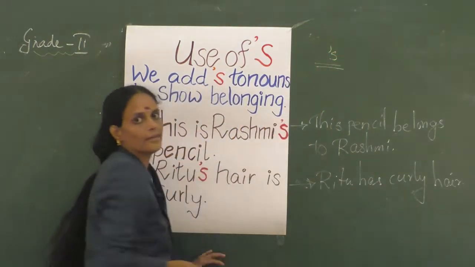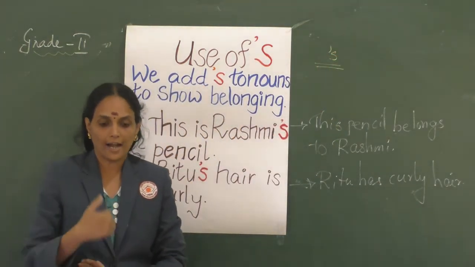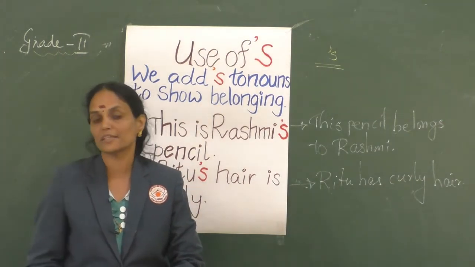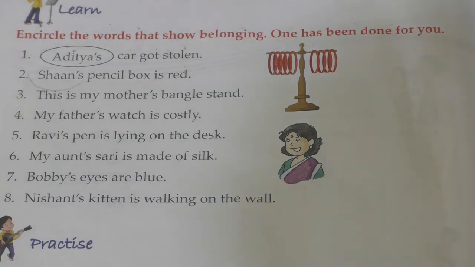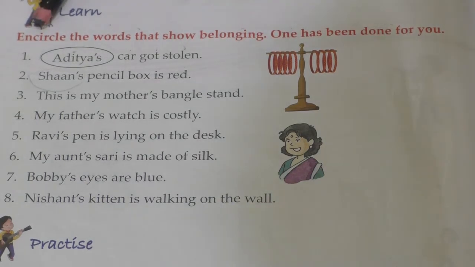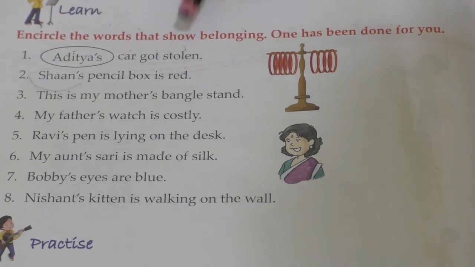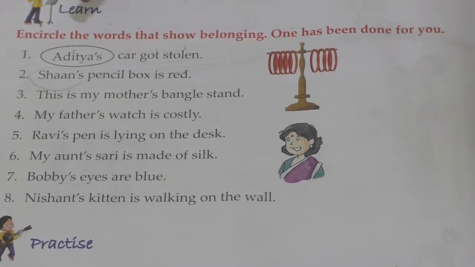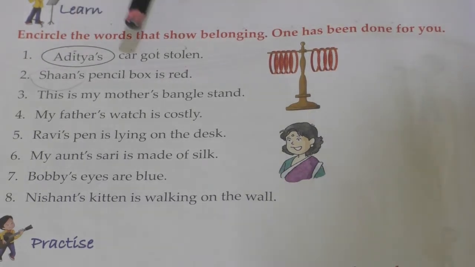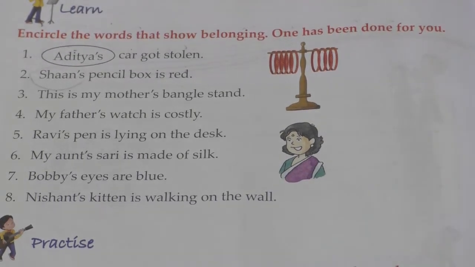Let's see some other examples which are given in the textbook. Let's take page number 116. First exercise, encircle the words that show belonging. One has been done for you. Let's read the first sentence. Aditya's car got stolen.